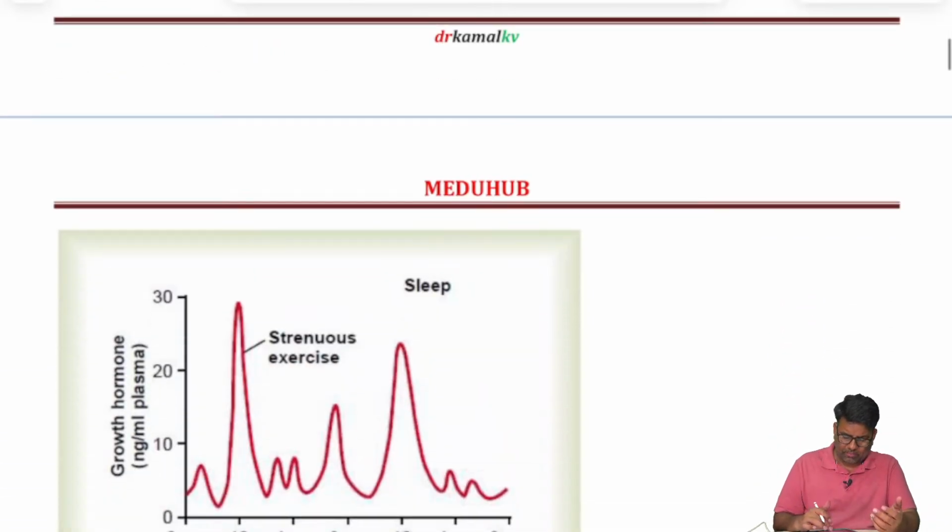So this is the pulsatile, or you can say diurnal variation, of growth hormone, and you can see there is a peak early in the period of sleep, right? So this is NREM sleep, especially.